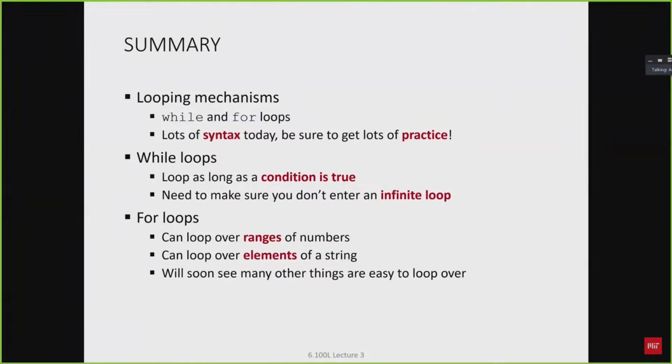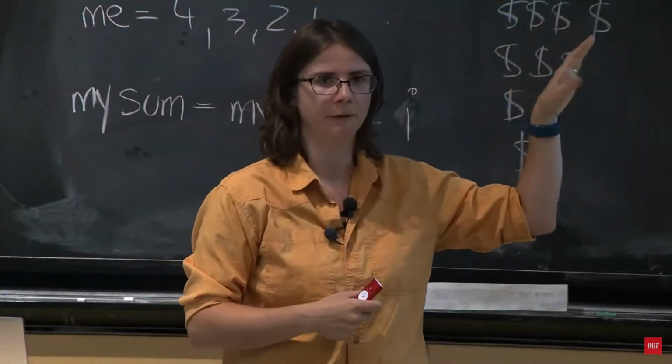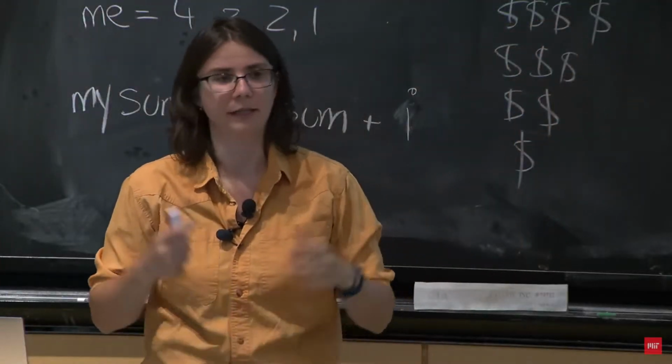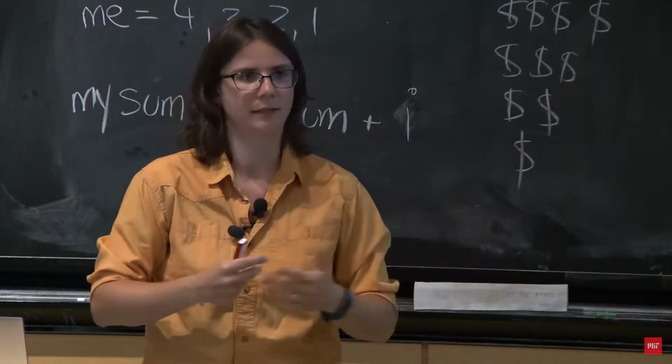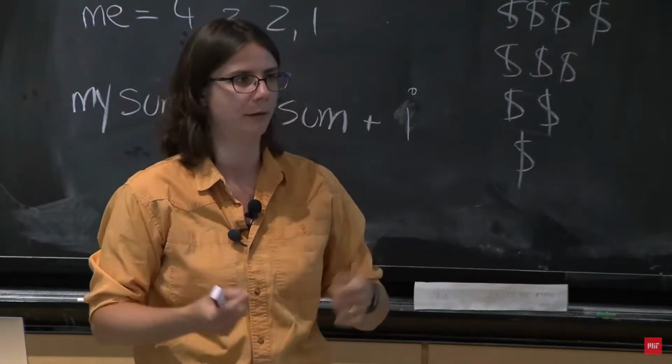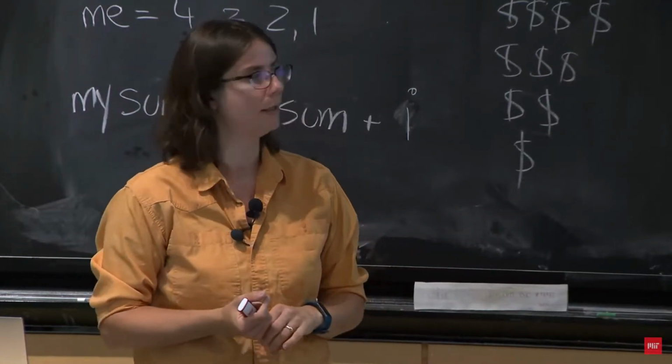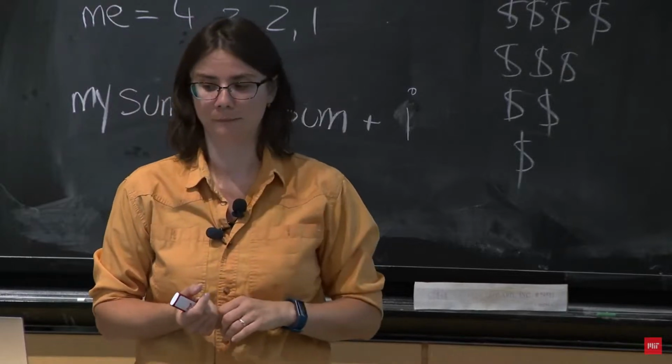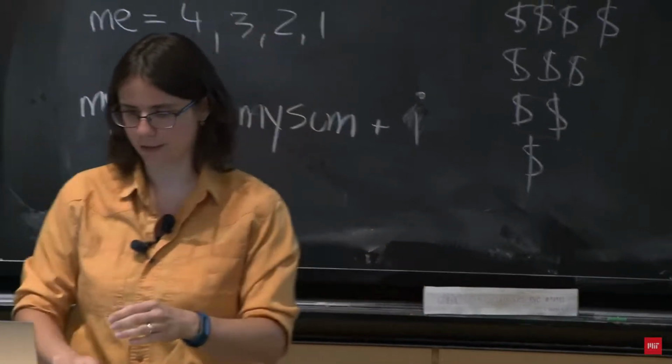MITx also has extra exercises. It's really important to do them just to get the mental model for how exactly these loops work, and how they assign variables and how they do the checks behind the scenes. It'll help you get faster at writing code and at doing quizzes as well. Okay, so that's it for today.